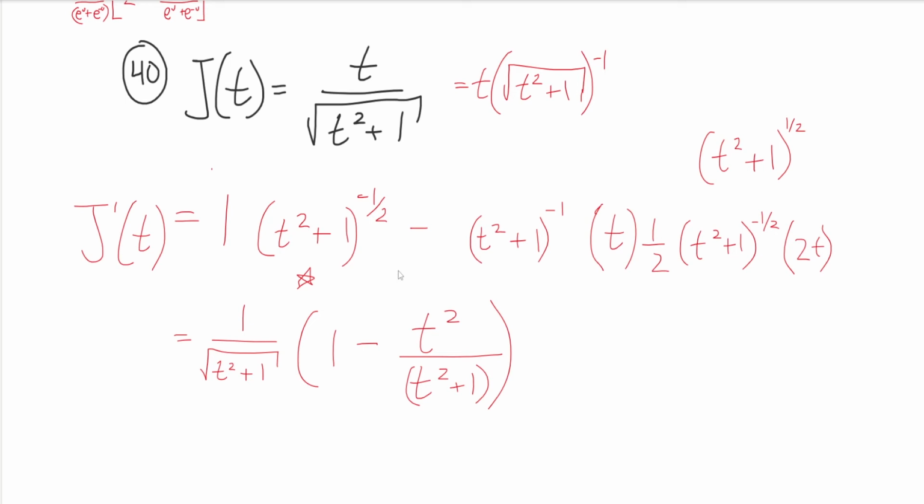Beautiful. Okay. We could obviously make that simpler there too. So let's maybe even do that. Let's say that's t squared plus 1 minus t squared all over t squared plus 1, which is the same thing as 1 over that thing, right? Well, let's do this. Let's not do that.